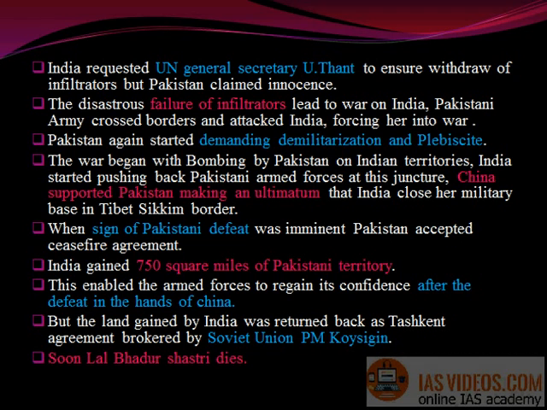When the sign of Pakistani defeat was imminent, Pakistan accepted a ceasefire agreement. India gained, but the land gained by India was returned as per the Tashkent Agreement brokered by the Soviet Union PM Kosygin.